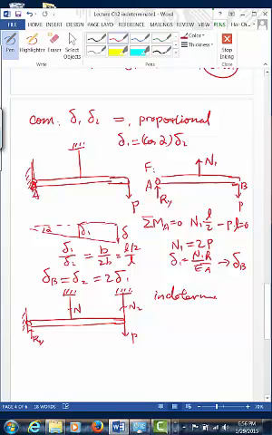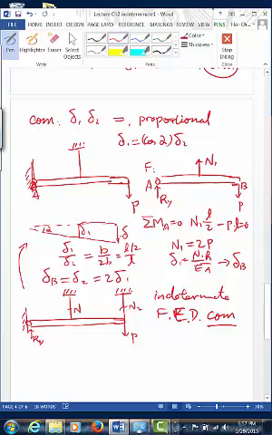So you need to use compatibility to solve it. For this problem, what's the compatibility equation? It's how the different movements match each other. When this bar moves, it shows exactly the same as this one here.